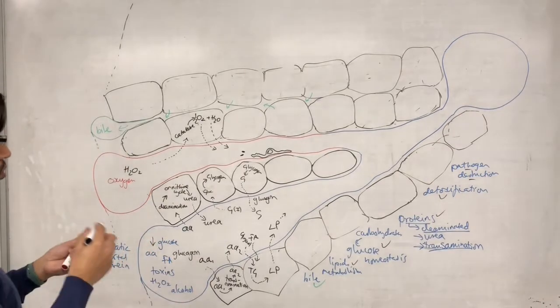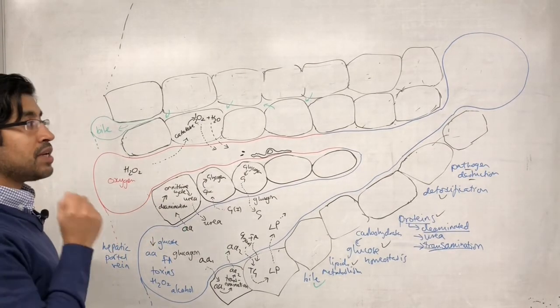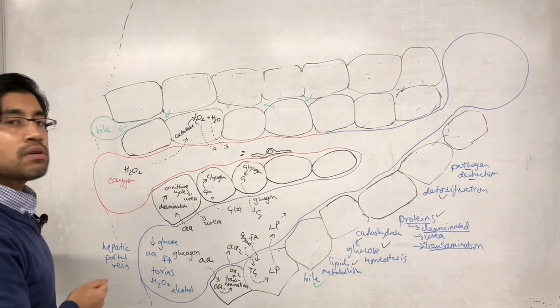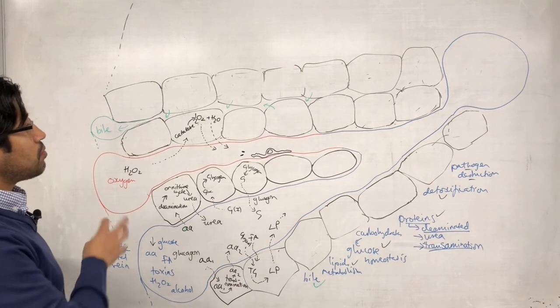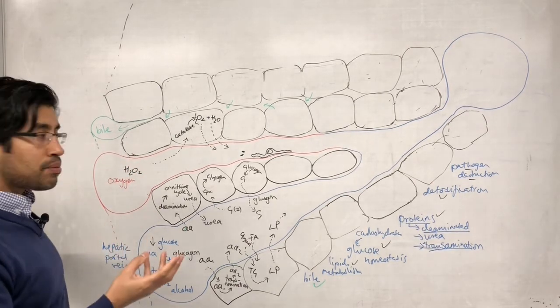So I hope what we have done here is kind of justify the structure of the liver, from a macroscopic point of view, looking at why it needs certain blood supplies.